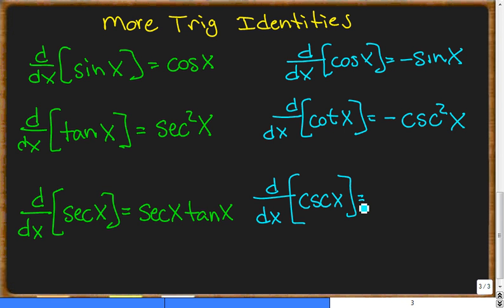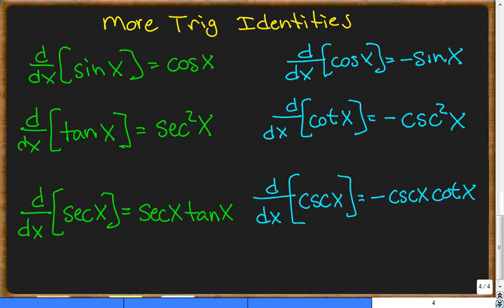Again, because it starts with a co, the derivative is going to be negative, and instead of secant and tangent, you're going to have cosecant x cotan x. So these are kind of strange, but there's a pattern to it. And if you can understand the pattern, then you can understand how the rest of this works. But these are going to be important ones to know because you'll have to take the derivatives of these at different times.